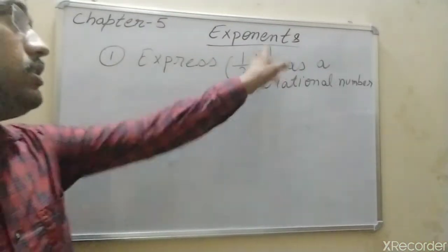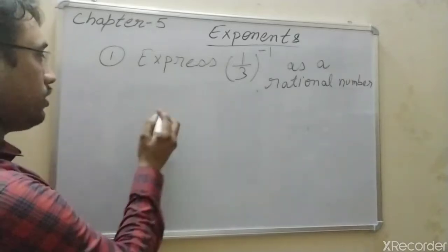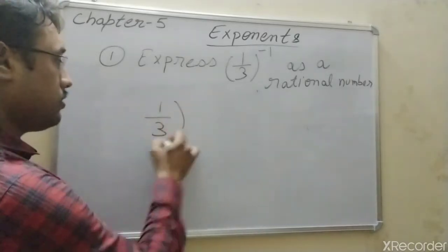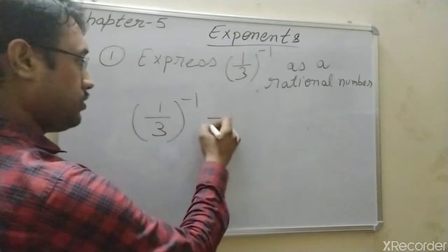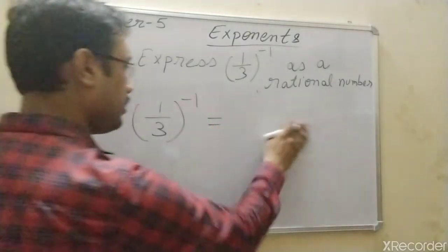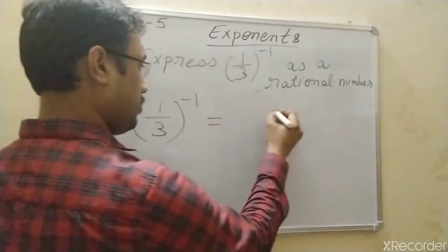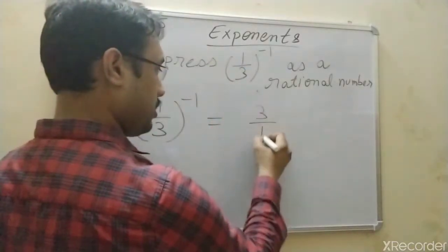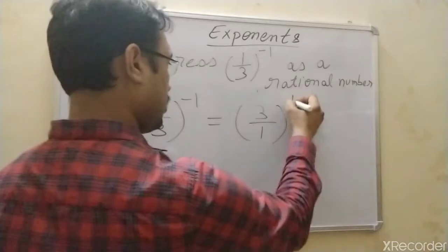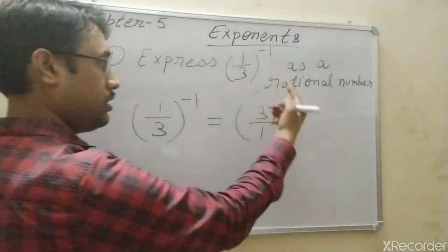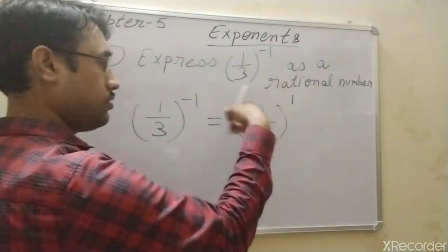Minus 1 is the power. So you can write 1 by 3 to the power minus 1. For finding the rational number, first change the sign of the power. So if you change the sign by the same formula, it is 3 by 1, and now the negative power is changed to positive only.